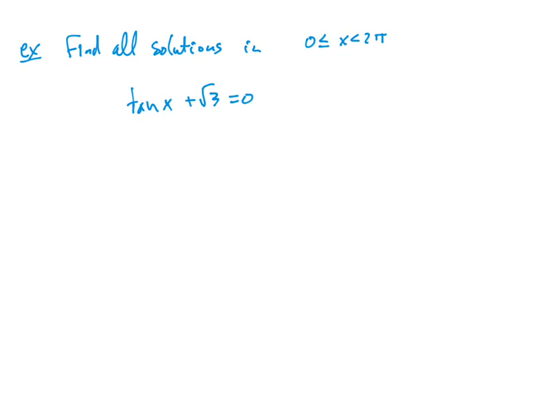Similar idea here. Tangent of x plus root 3 is equal to 0. Again, we're in radians. We want to solve for the trig function, so tangent of x is equal to negative square root of 3. When is tangent equal to negative square root of 3?